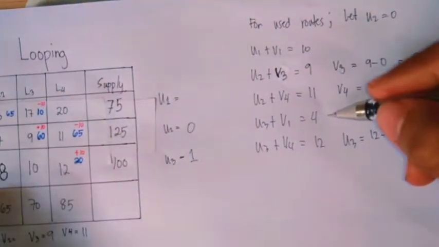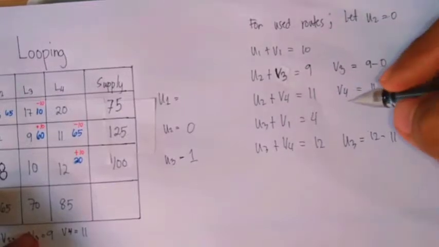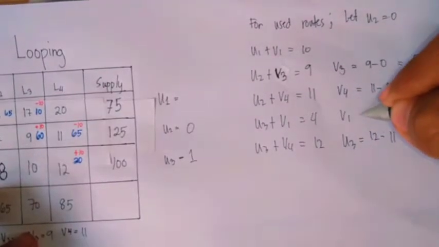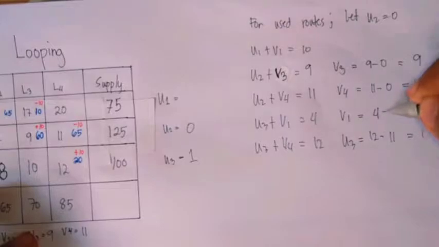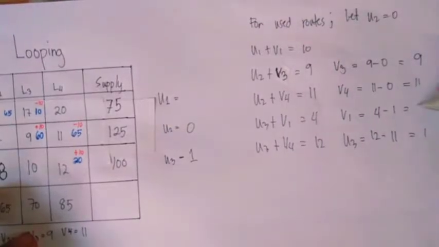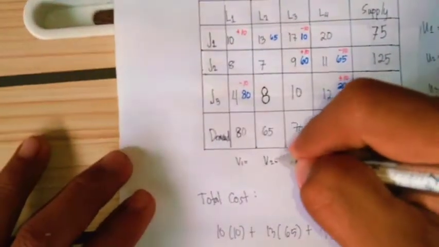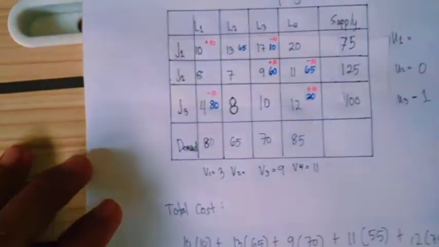Back here, V1 is equal to 4 minus 1, equal to 3. So our V1 is equal to 3.